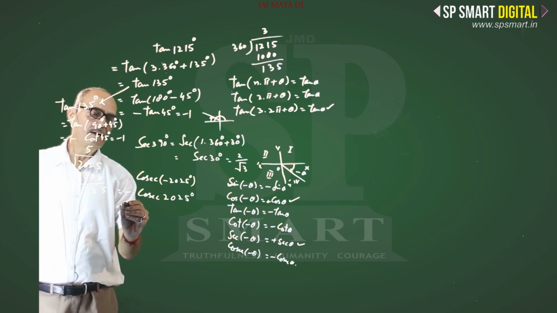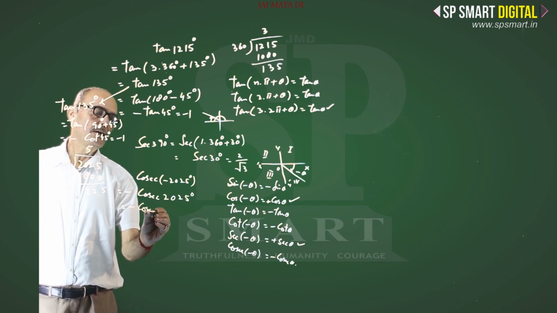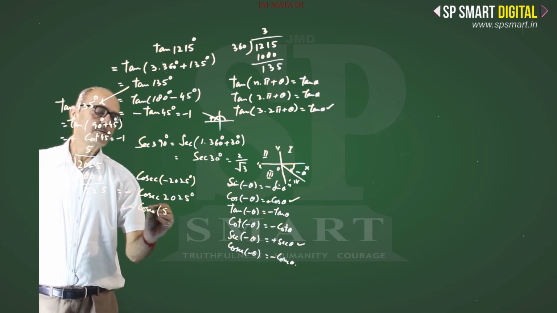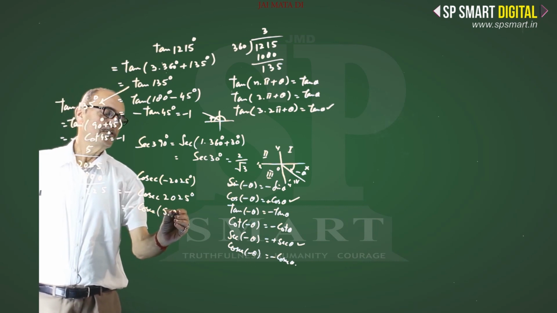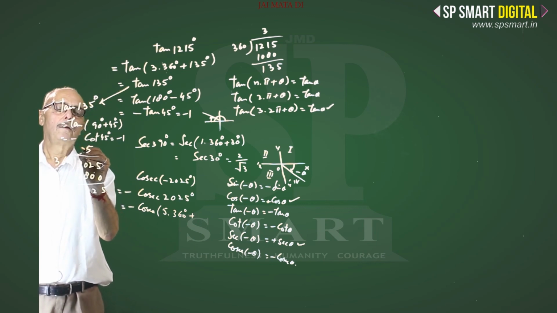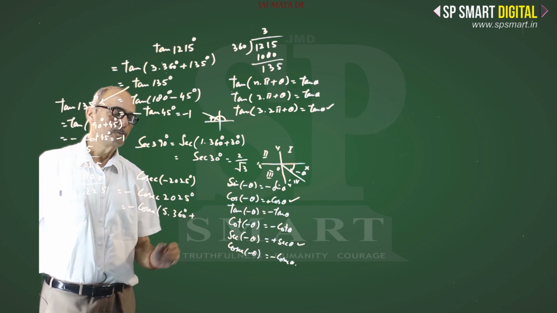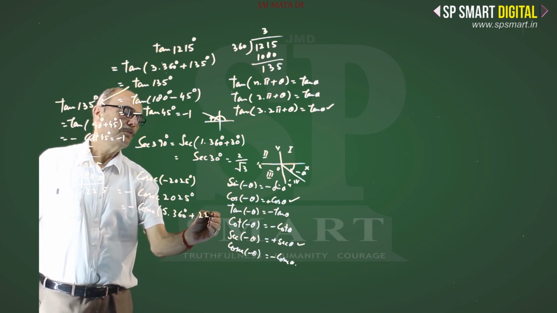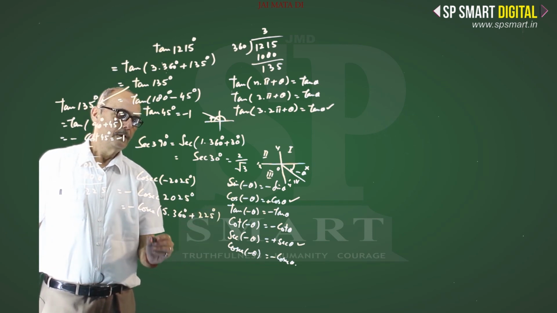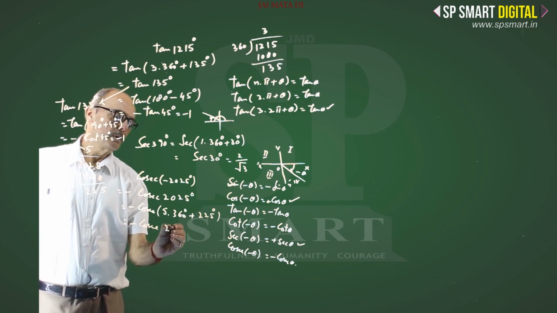So, I can write this as minus cosec of 5 times 360. This is quotient into divisor plus remainder 225. So, this is equal to minus cosec of 225.